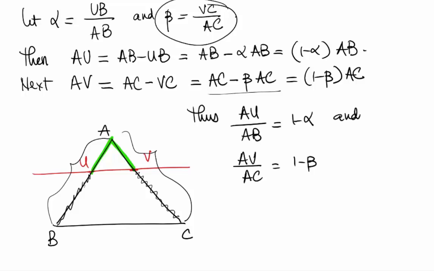Now, if we consider star here, and then maybe call this one double star, and we divide star by AB, we get the ratio AU over AB is equal to 1 minus alpha. And if we take double star and we divide each side by AC, we get AV over AC is equal to 1 minus beta.